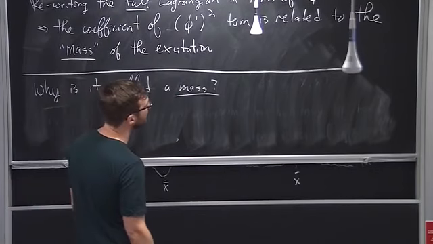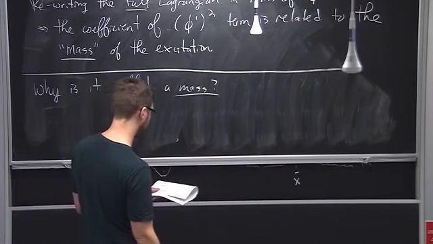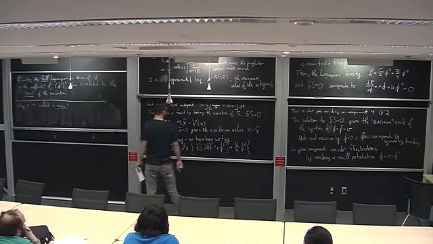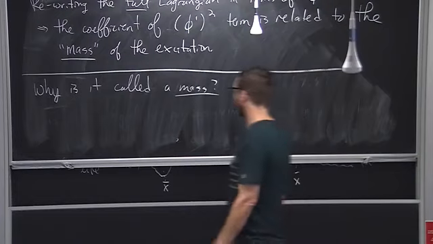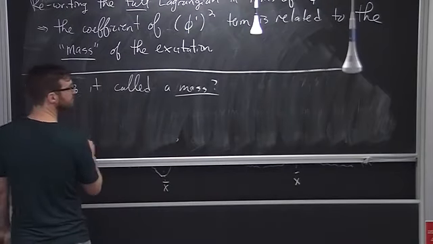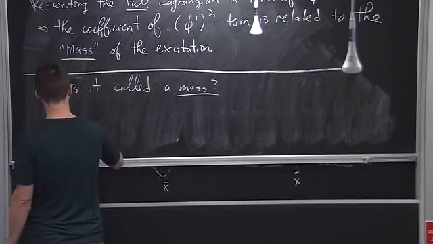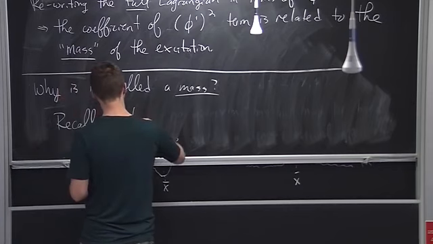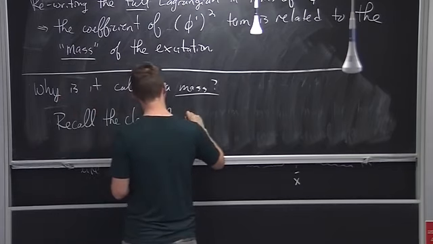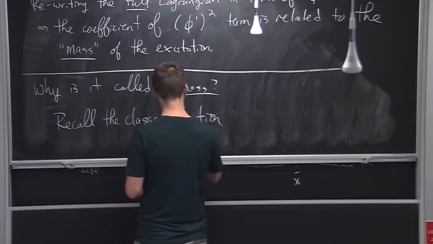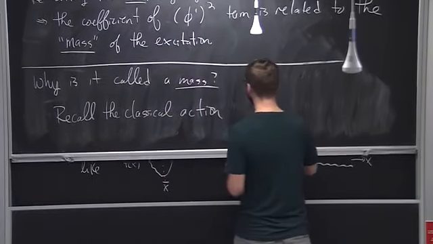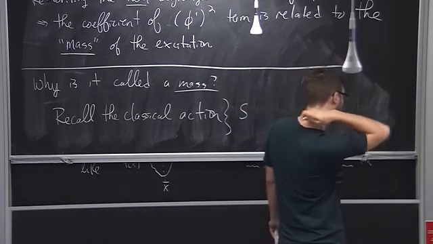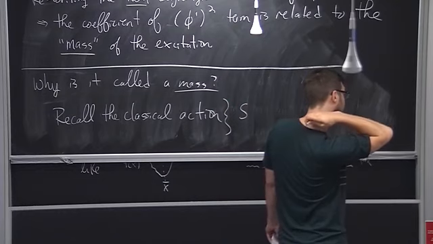So let me rewrite the classical action here, just in terms of its Lagrangian, and that'll give us some insight. I have no path integral, I just have S. I called it X, but I want to keep the time dependence in there.